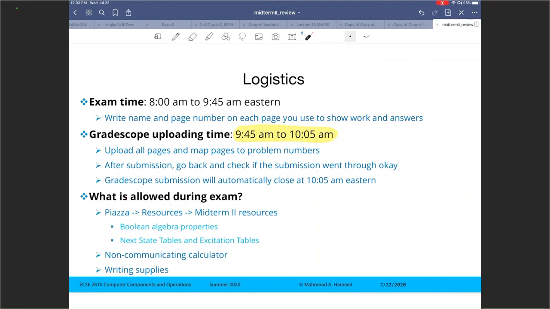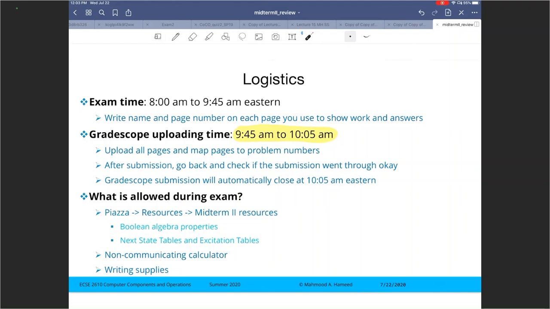What is allowed during the exam? There are 2 reference sheets that I uploaded to the Piazza page for the class under resources, under midterm 2 resources. One is the Boolean algebra properties page from exam 1. This will be there as a resource even for exam 2.